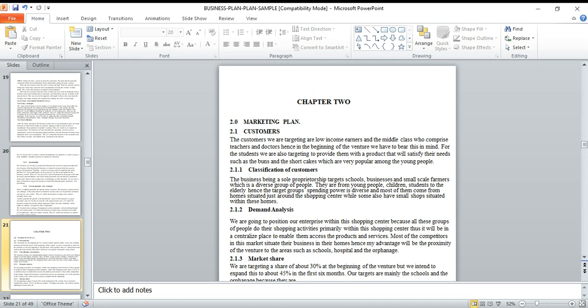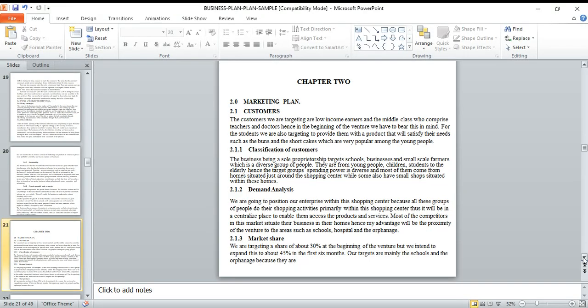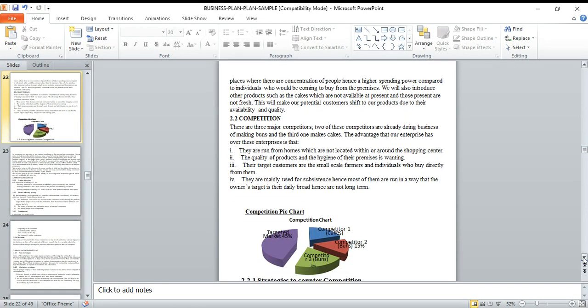So we proceed to chapter 2, and I said it consists of the marketing plan. Here we're talking about the target market, classification of your customers, the demand analysis, the market share, the competition.